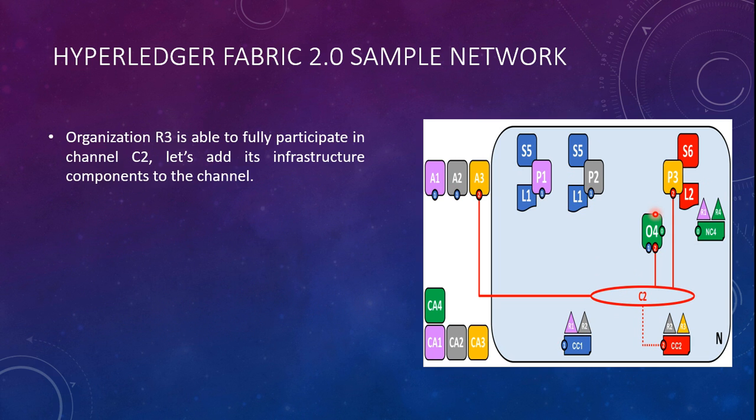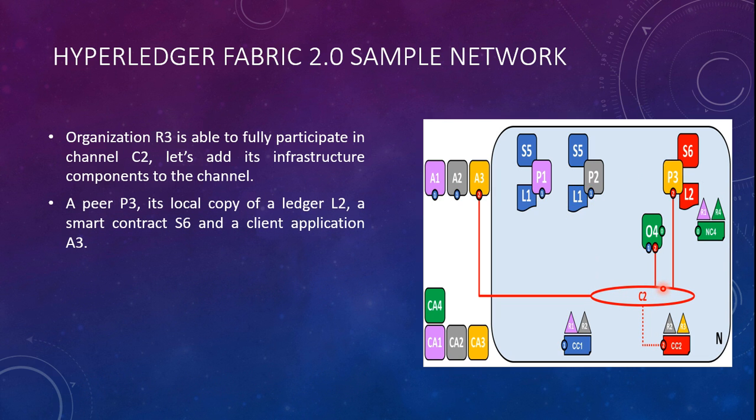Now what happens next is we have added a peer P3. So the organization R3 is able to fully participate in channel C2, and let's add its infrastructure components to the channel. The peer P3 now has a copy of ledger L2. This is separate from L1.